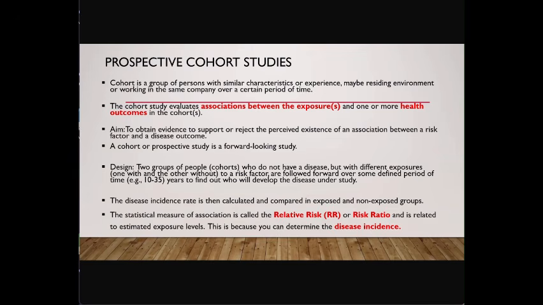Then among the group that is exposed to cement dust, we find out of, say, 100 of such workers, we identified that 10 of them developed lung cancer or cancer of the pleura.